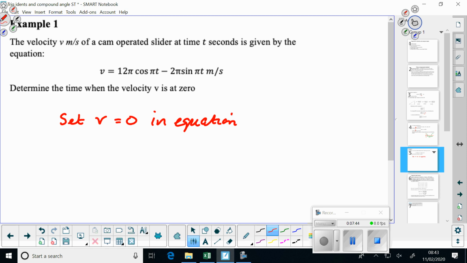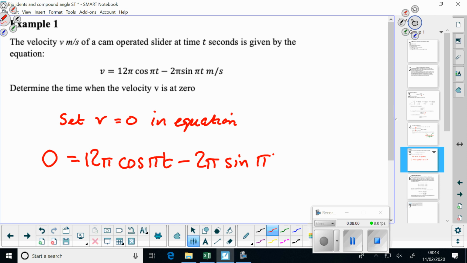so we say 0 is equal to 12 pi cos pi t minus 2 pi sine pi t. Now, we've got an equation there. We want to find t.